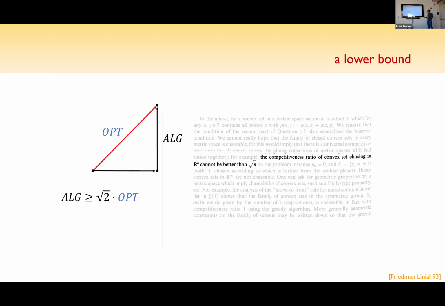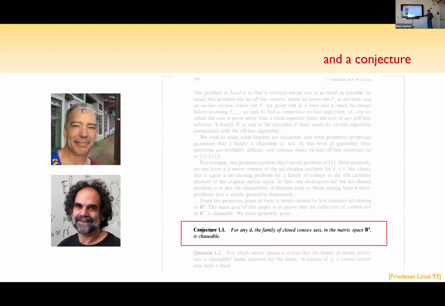And they asked the question, for general D, can you do something? Their definition of chaseable just means that the competitive ratio should depend only on D. They made the conjecture, in fact, that for any family of closed convex sets, it is chaseable. So this was 1993.